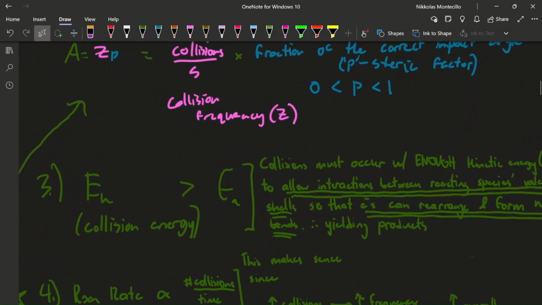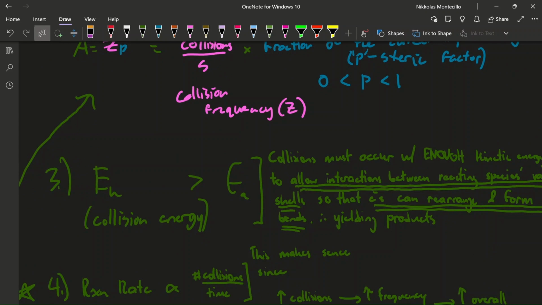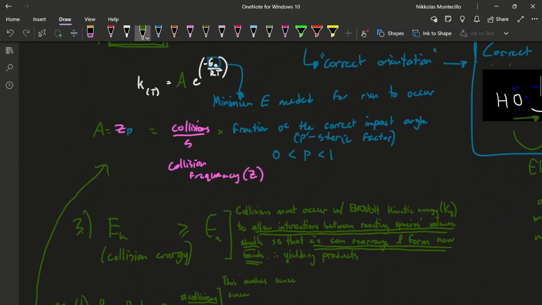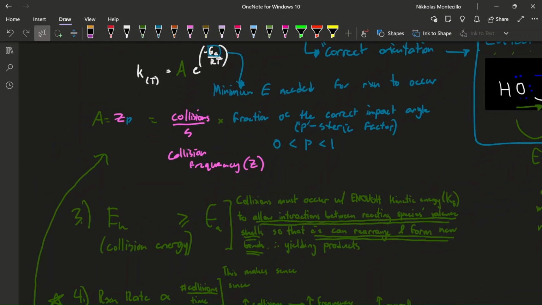The third criterion is that the EK must be at least equal to the activation energy. So collisions must occur with enough kinetic energy to allow interactions between reacting species' valence shells, so that electrons can rearrange and form new bonds, therefore yielding products.